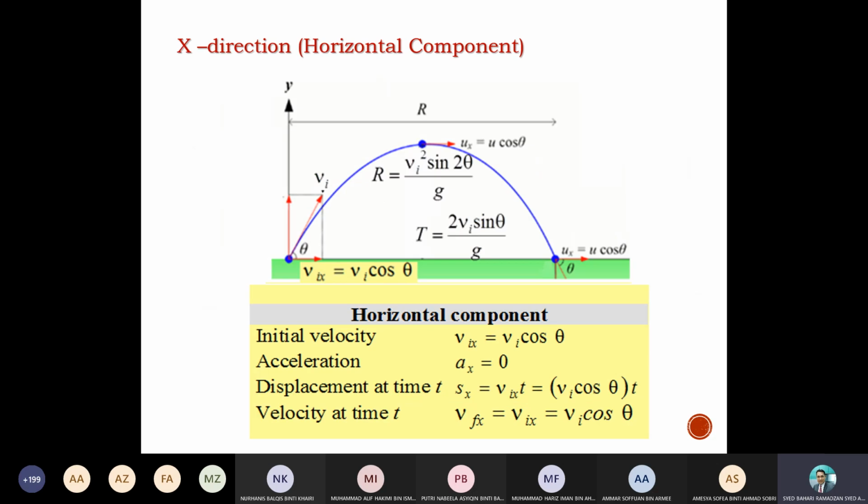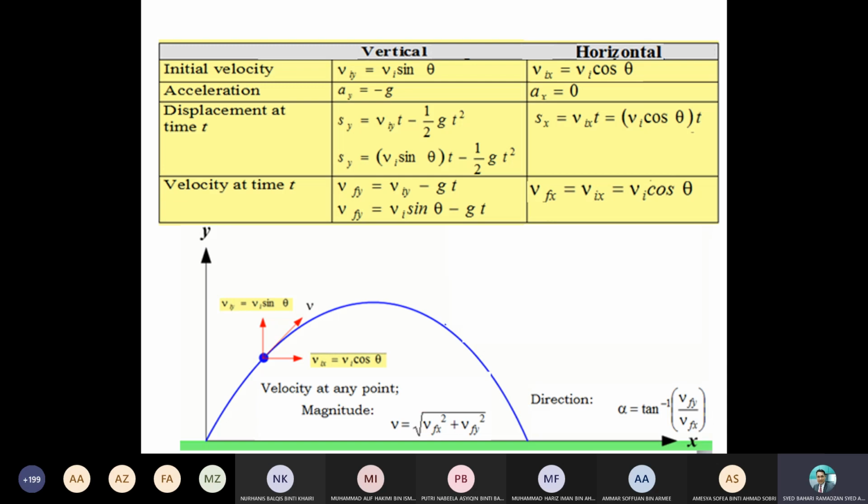That equation proves the velocity in x is constant; it depends on the initial velocity. When we compare these, it may be easier to see and memorize. This is vertical and this is horizontal. For vertical it is sine theta, for horizontal cos theta, and for vertical a is negative g, but for horizontal a equals 0.